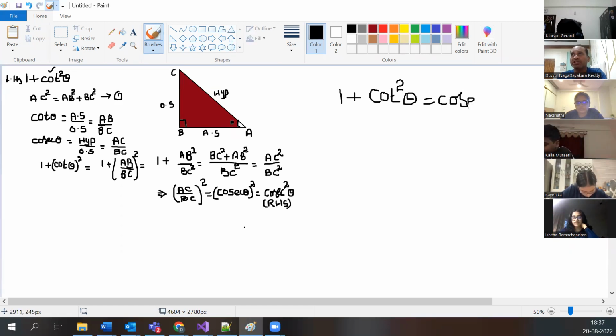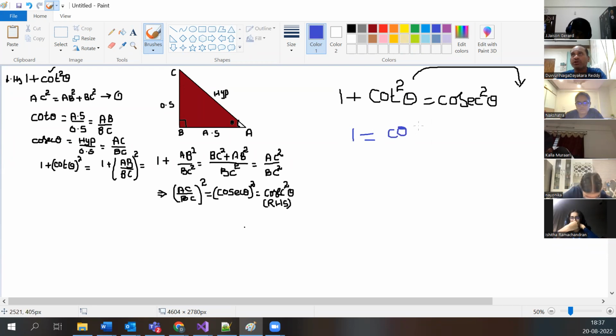Same way what we did for 1 plus tan square theta, here also we can do. One second. Cot square theta comes to this side, what will it become? Minus cot square theta. So 1 equal to cosecant square theta minus cot square theta.